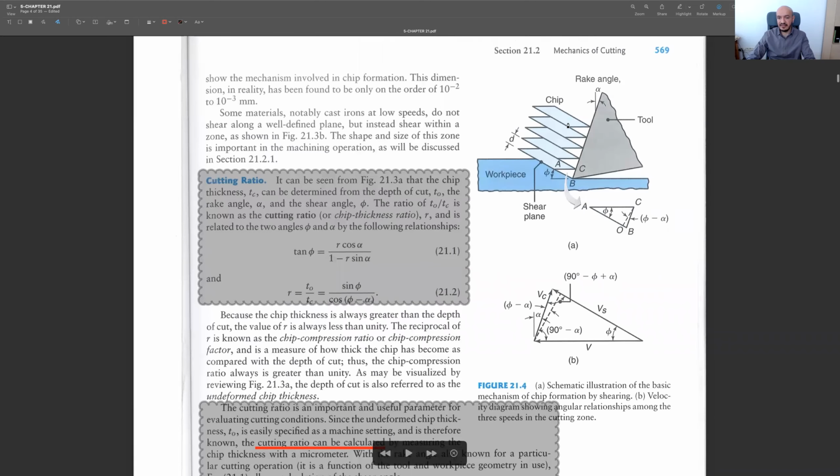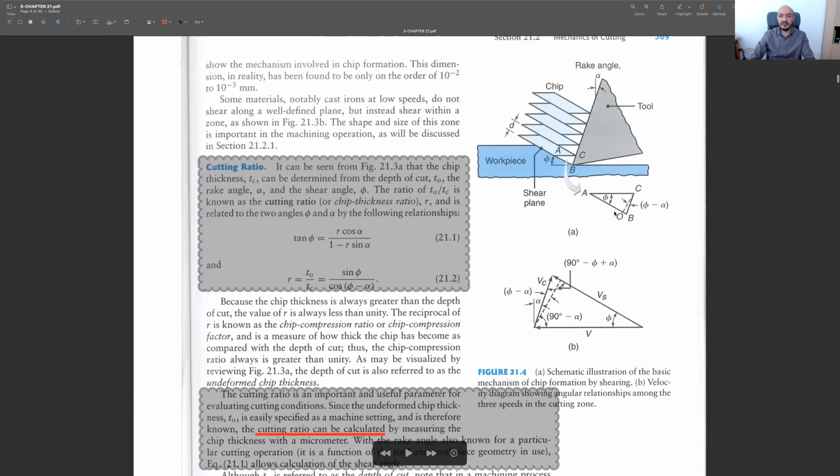This is another sketch actually summarizing the cutting process. We have the shear plane, we have chip thicknesses, workpiece, tool, rake angle, clearance angle, but right now we are not going to use it in our analysis. What we are going to do actually, we will obtain a cutting ratio. And this cutting ratio is simply the ratio of the undeformed chip thickness t0 and the actual resulting chip thickness tc.